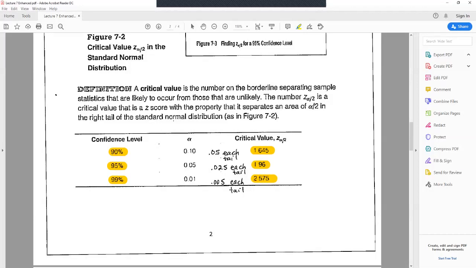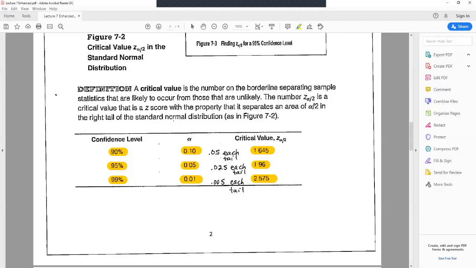Notice that if your confidence level is 90%, your alpha level is 10%, because 90% plus 10% would be 100%. Also, a 95% confidence level would have an alpha level of 5%, because 95% plus 5% would give you 100% under the curve. And the 99% confidence level would have an alpha level of 0.01, because 99% plus 1% would give you 100%.